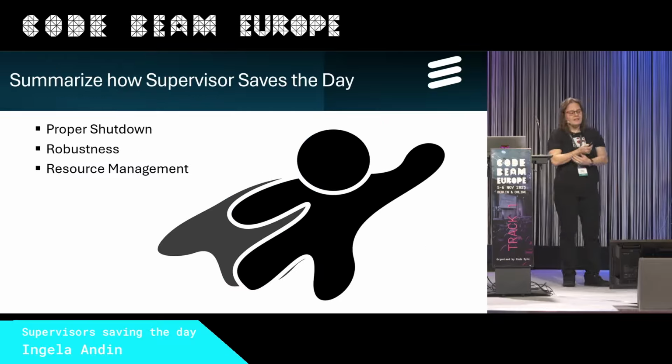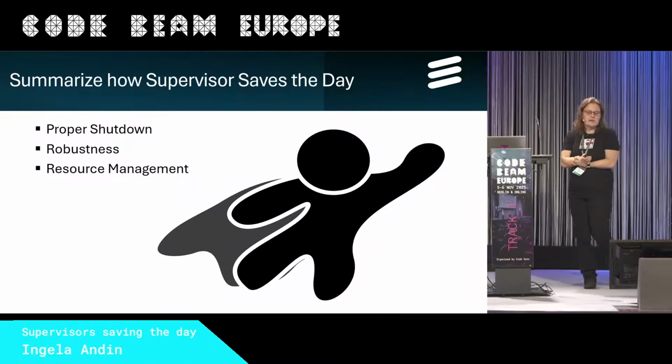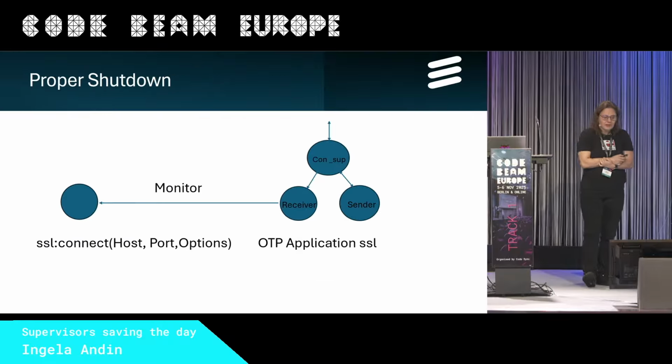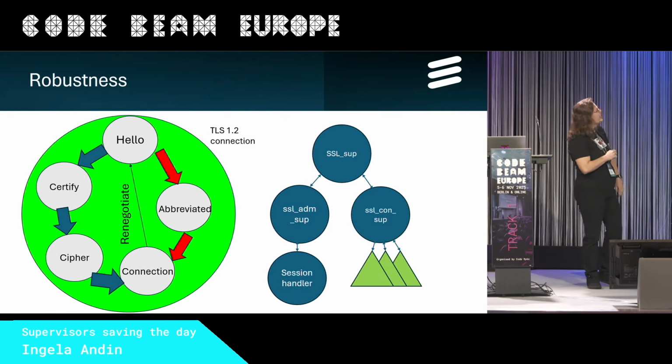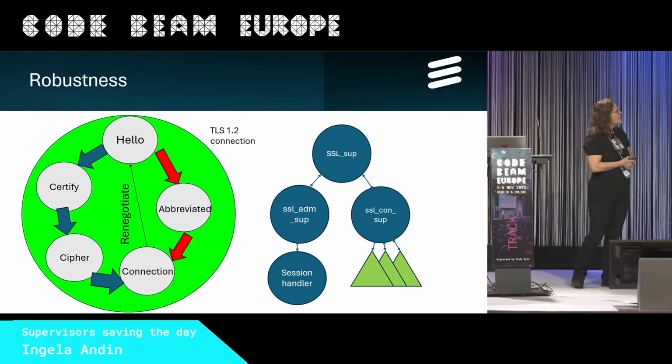So now that you know how supervisors work, let's summarize how they can help you save the day. So for the proper shutdown, here we have the significant child that can shut down the connection processes. And in the robustness case, we can also have a look at TLS 1.2 connections.